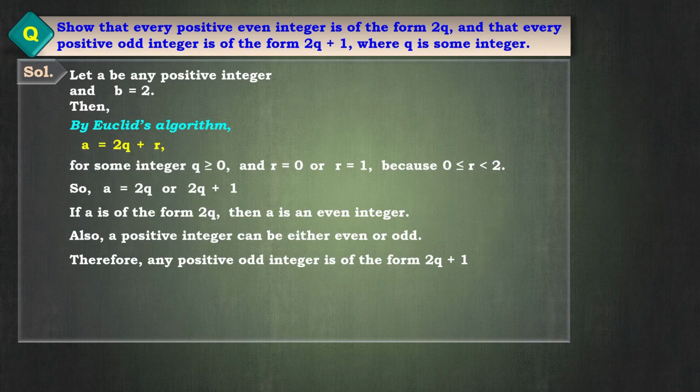So even plus odd always gives you an odd number. So 2q plus 1 will always be odd. So we have seen that whenever it is in the 2q form, it is a positive even integer, and whenever it is 2q plus 1, it is a positive odd integer. Okay, so that is the proof.